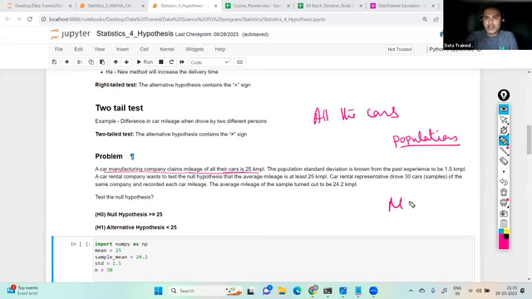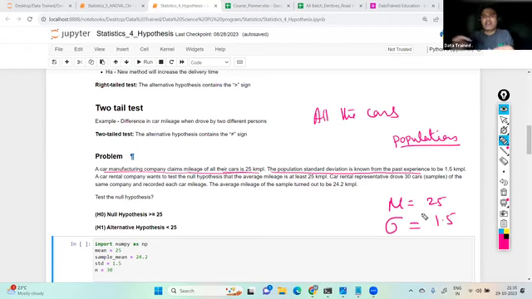So the average, the mean, is 25 here. The population standard deviation is known from past experience. It is 1.5 kmpl.